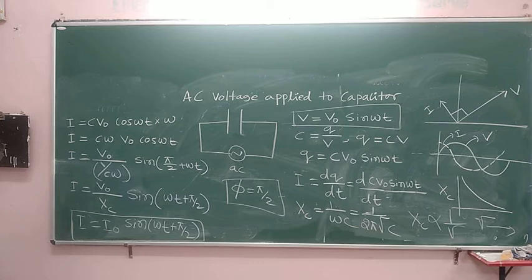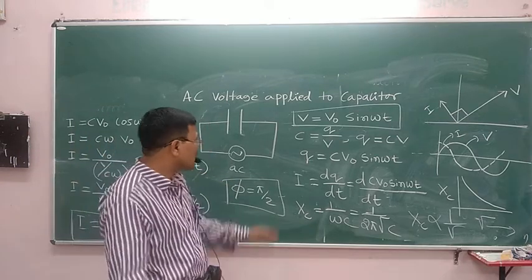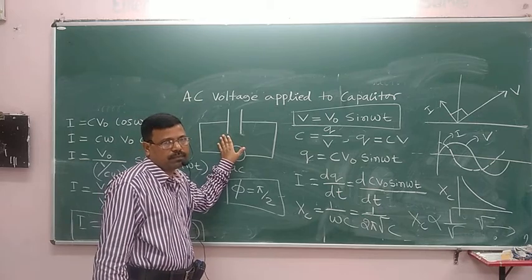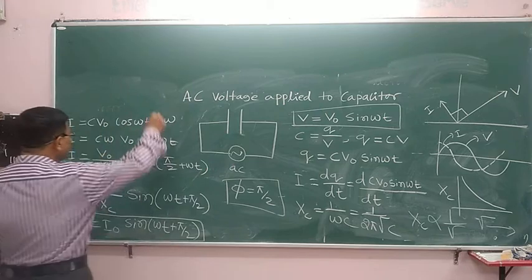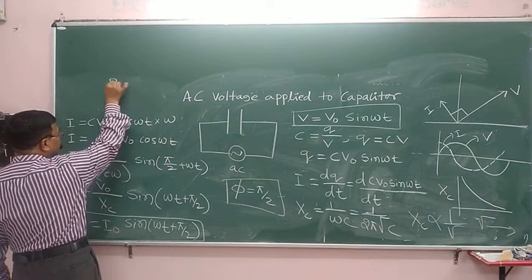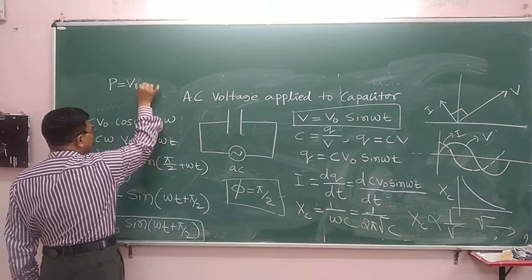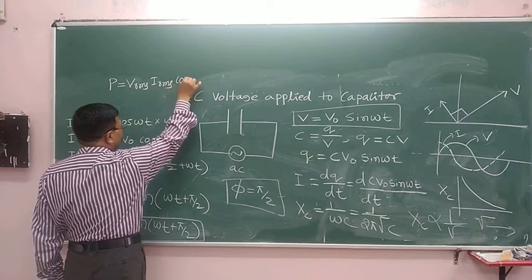Then what is the loss of power in a capacitive circuit? An AC circuit containing a capacitor alone is known as a capacitive circuit. The power loss can be calculated using the formula V_RMS into I_RMS into cos phi.